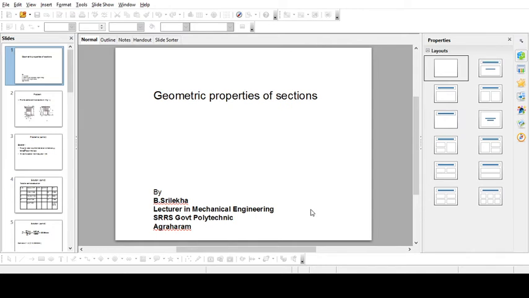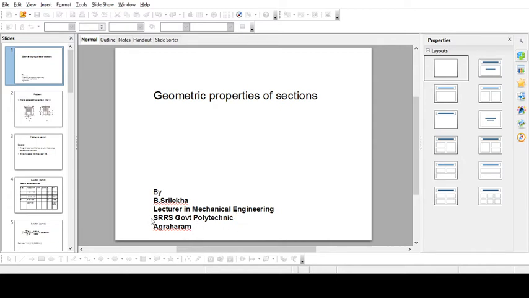The rectangle has height 15 and base 30. Next, the right angle triangle has height 15 and base 30. And one more, a semicircle of radius 15.